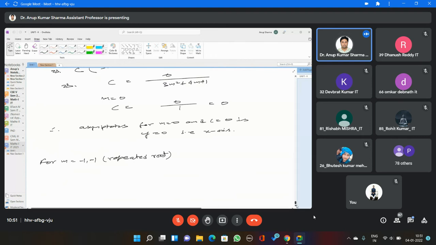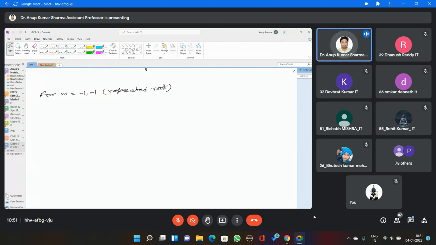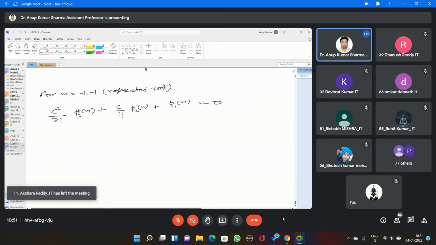Repeated root. Okay. So in this case, we know that c square upon factorial n is the highest phi 3m, phi 3 dash m plus c upon factorial n. I think this is the two times differentiation. So the point times this is the 2 plus phi 1m, and this is equal to 0.